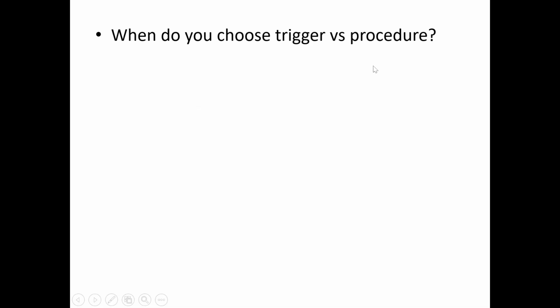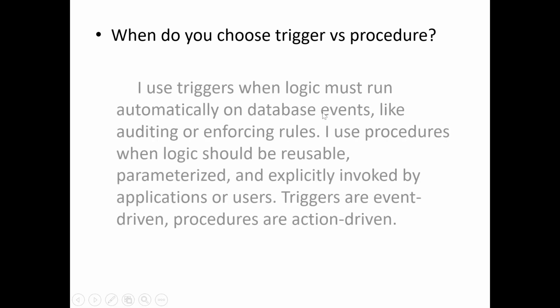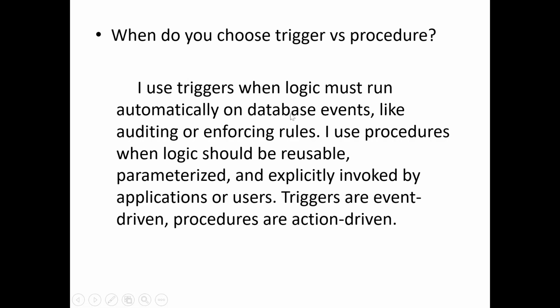When do you choose trigger and procedure? We have business logic. How can we implement it? Can you implement it using trigger or procedure? This is what we are going to see. Use trigger when logic must run automatically on database events, like auditing or enforcing rules.